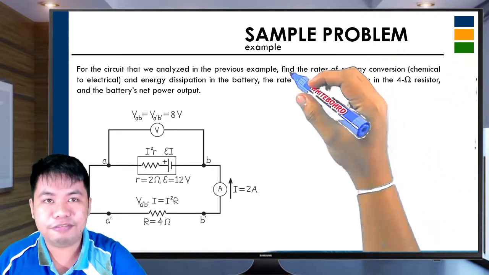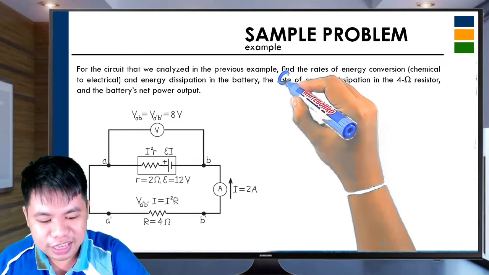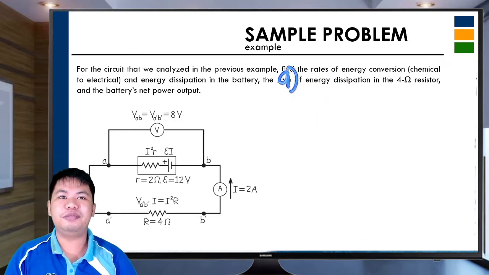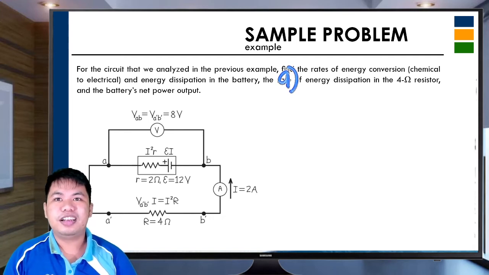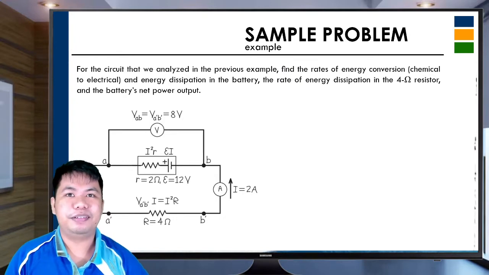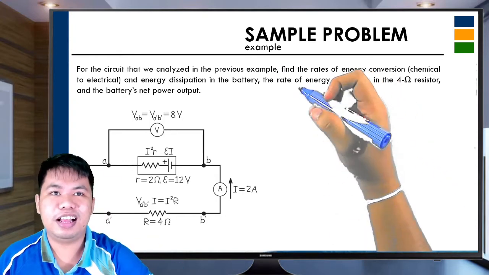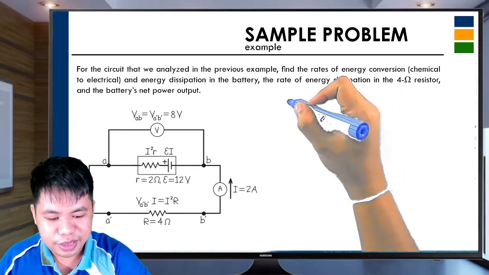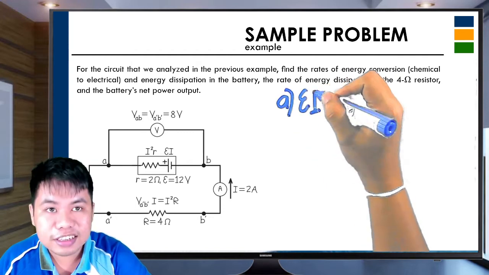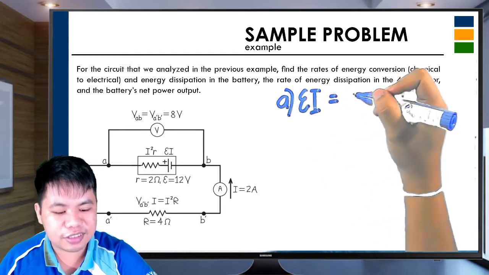Let's have first part A, the energy conversion from chemical to electrical energy. That is your EI.